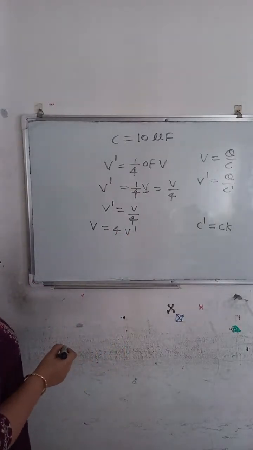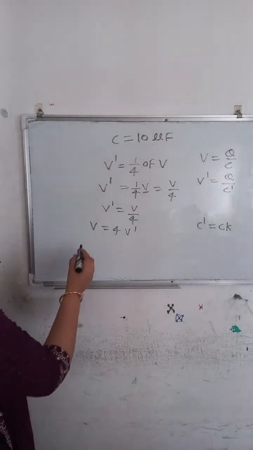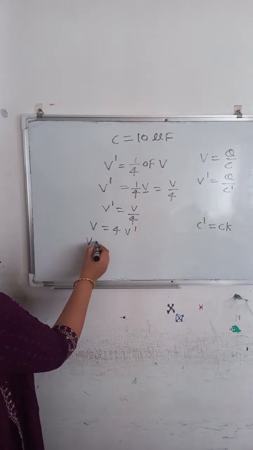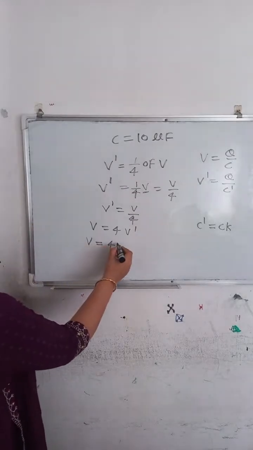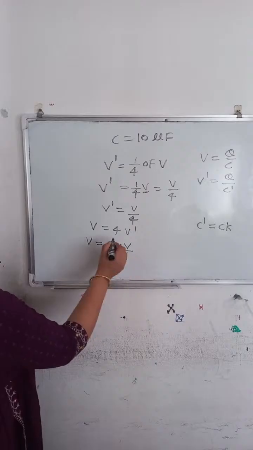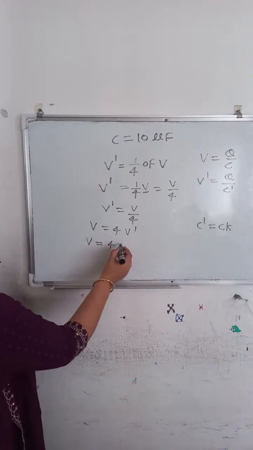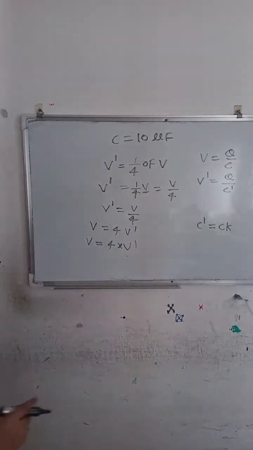Here we can write V is equal to 4 times of V dash, and V dash is nothing but V by 4. But if we write V by 4, that I already took. That is V dash only.